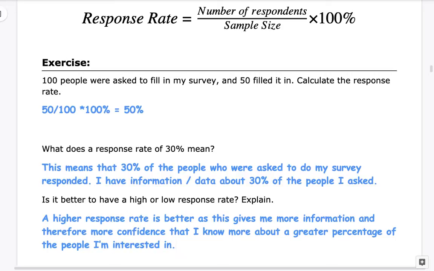Okay, so for example, if I only had a response rate of 10%, that means I've got information about 10% of people that I want to know about. So I've got no information whatsoever about the other 90% that I haven't got information from.